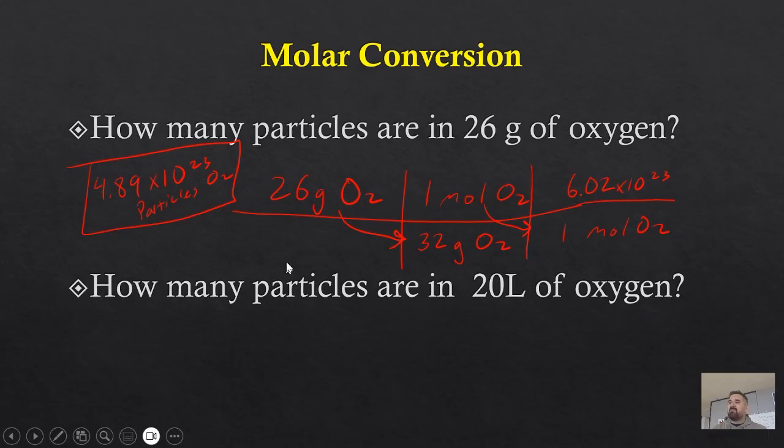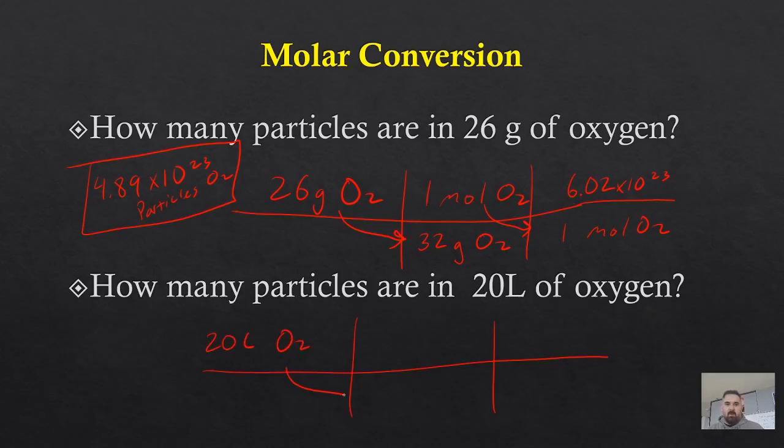So how many particles in 20 liters of oxygen? Let's go ahead and solve this one real quick. So what's our given information? 20 liters of O2. What goes down here? Liters of O2. So when I put in liters of O2, how many liters is that? 22.4. Good. How many moles is that? 1 mole of O2. What unit goes in the next box? Moles of O2. How many moles? 1. And then how many particles is that? 6.02 times 10 to the power of 23.